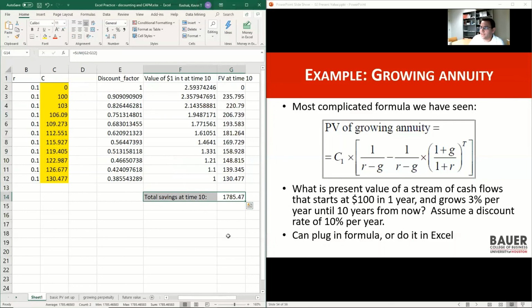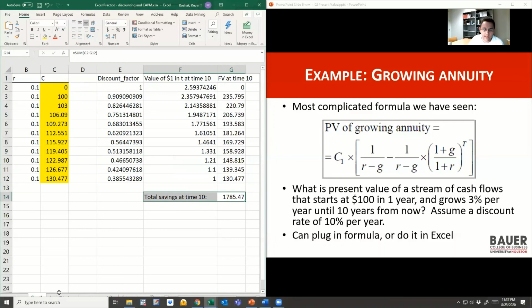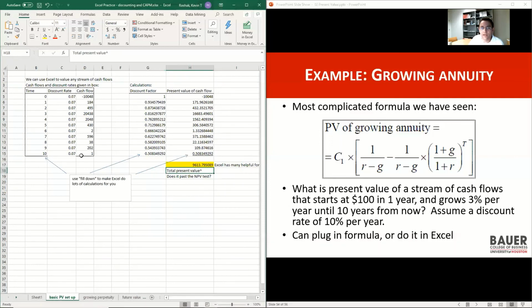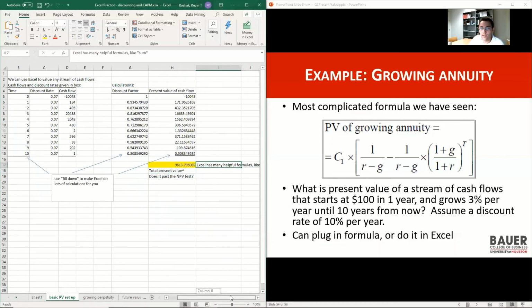Okay, so I think that's everything I wanted to do in Excel. You get a few tricks. I documented them in the next tab. You can use formulas. It's got built-in formulas, or you can do it yourself, or you hit equal and you can type in whatever formula you want and refer to the cells where your data is. It's got these built-in formulas like sum, and then you use fill down to make Excel do the formula a bunch of times.